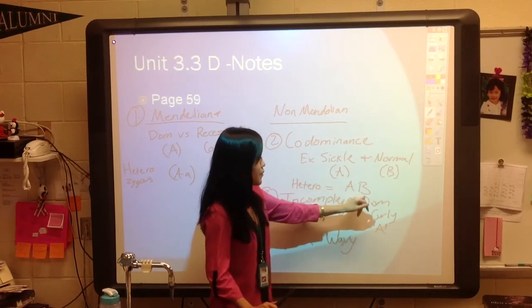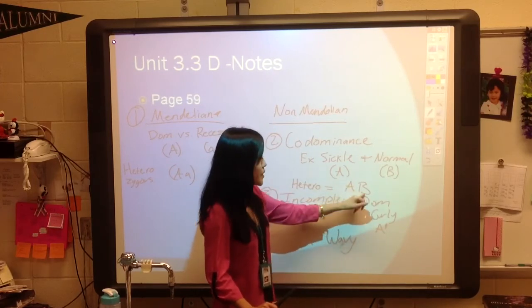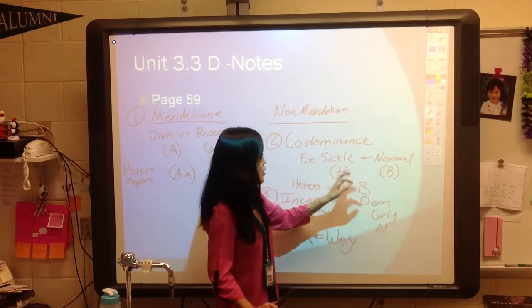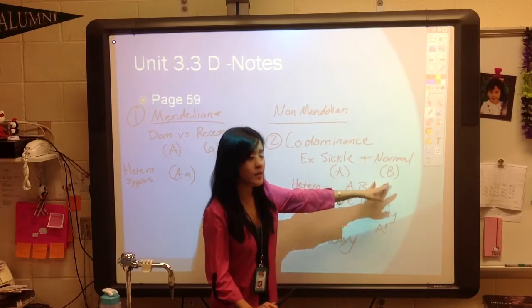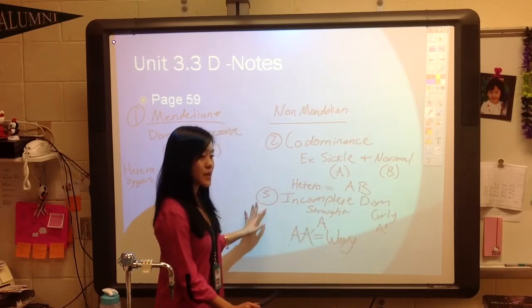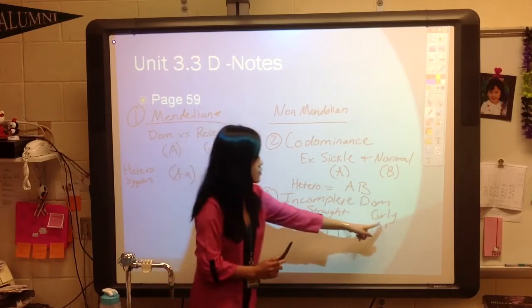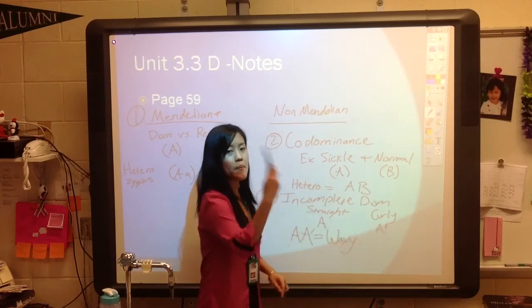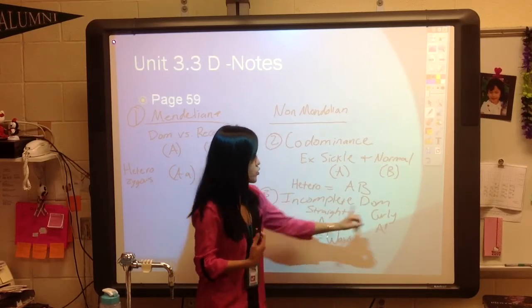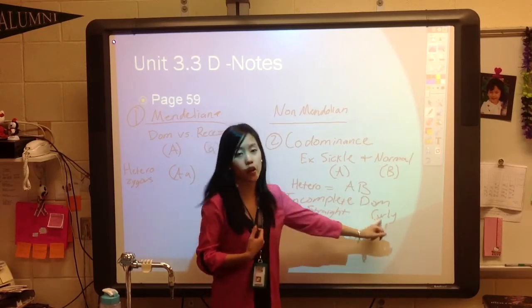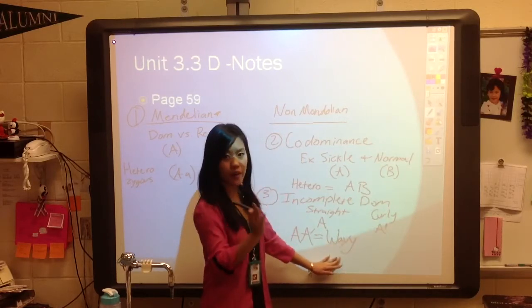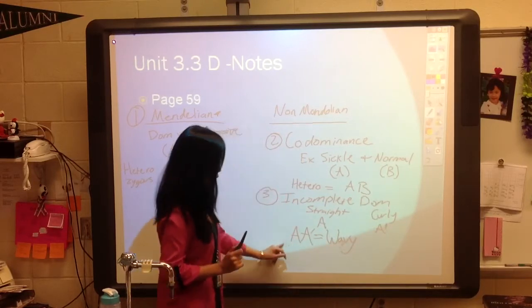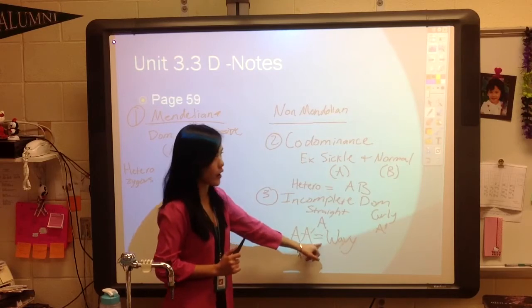So if you have AB genotype, then you'd have sickle and normal cells. In incomplete dominance, the prime, that little apostrophe, mixes together your two phenotypes, straight hair and curly hair, to give you wavy hair. Okay? So that would be A A prime, wavy hair.